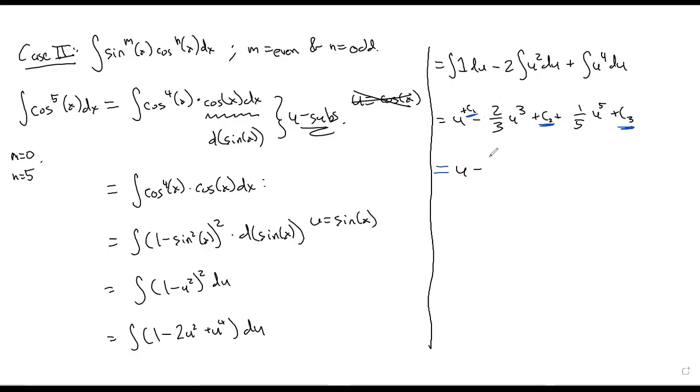So we have u minus 2/3 u cubed plus 1/5 u to the fifth plus an arbitrary constant. Now remember, we start in x, so we end in x.